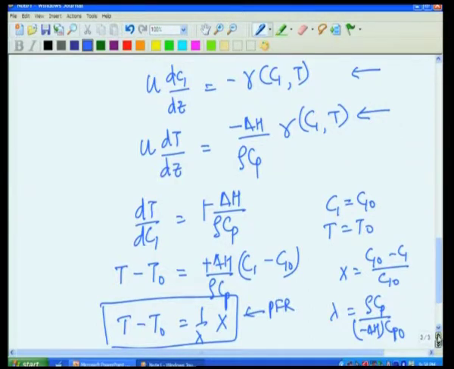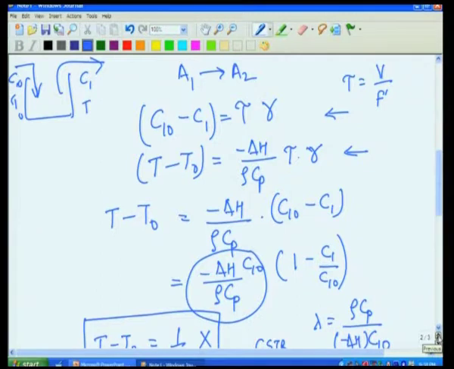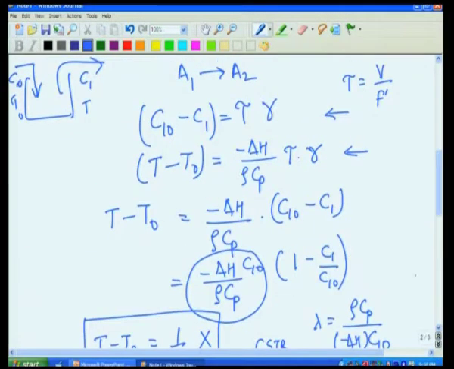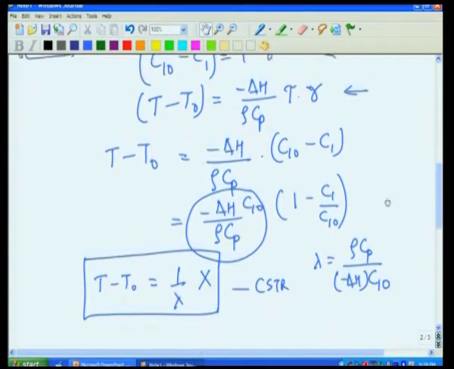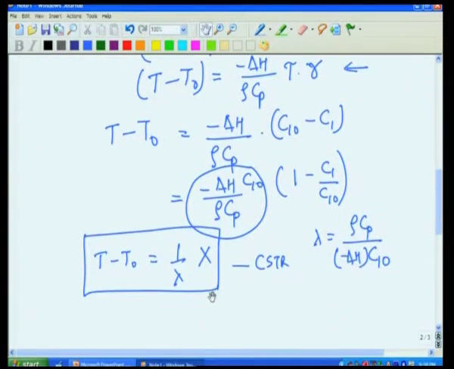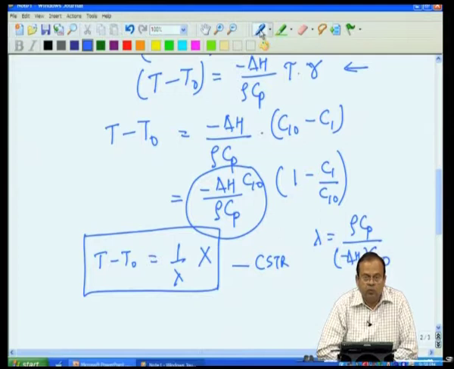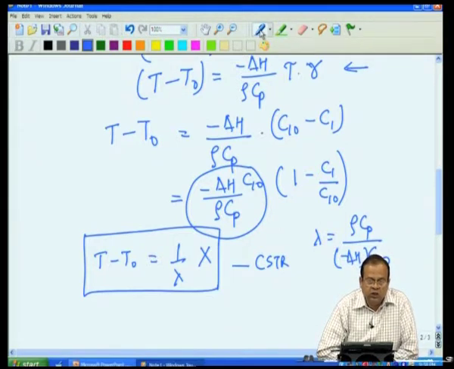A few minutes back we defined the same relationship for a stirred tank reactor, and we saw that for a stirred tank reactor also the same relationship applies. But one thing that we have to remember, even though the relationship is the same, that is, temperature and conversion are linearly related, there are two different ways in which this is happening.